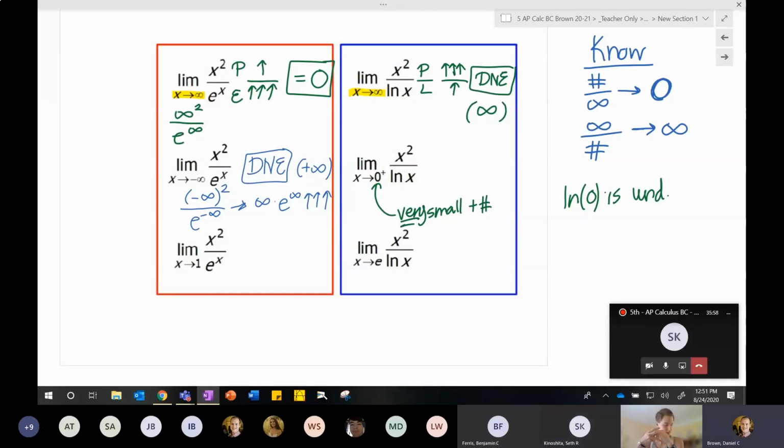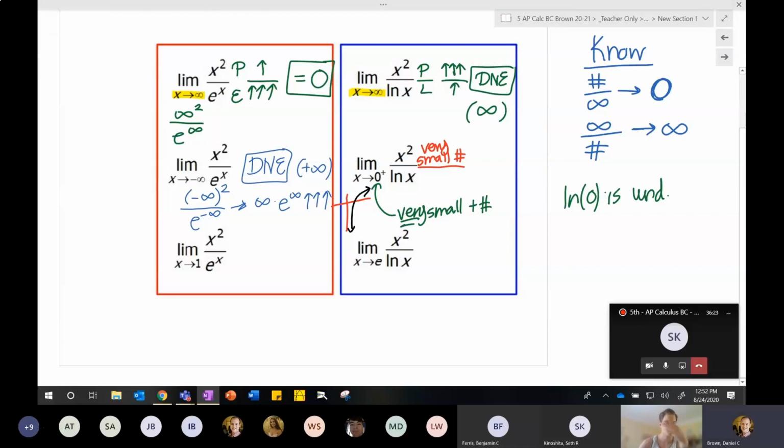So when I'm thinking about this one, this is all happening in my head. This is where the limit intuition comes from. I basically have a very small, teeny, tiny number, all over something. I also want to think about what's happening to the natural log of x as I come into 0 from the right. Here's a review of what the natural log of x looks like. It has the asymptote.